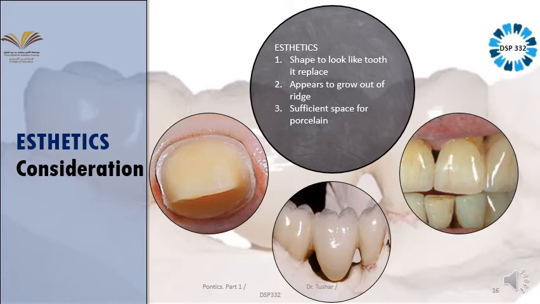Your diagnostic impressions are important, your preparation is important, your provisionals are important, your trying is important, cementation is important, every step. Not only cementation, but after cementation also there are certain protocols that one must follow to gain proper success. So these are the aesthetic considerations. I hope everything is clear regarding the considerations, biological, mechanical and aesthetics.